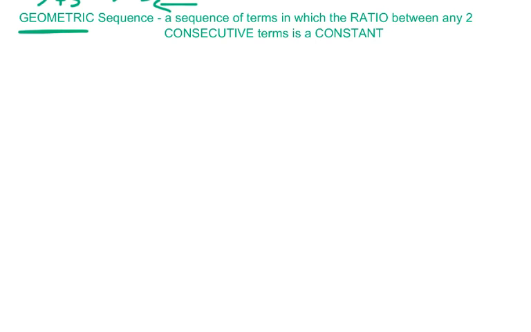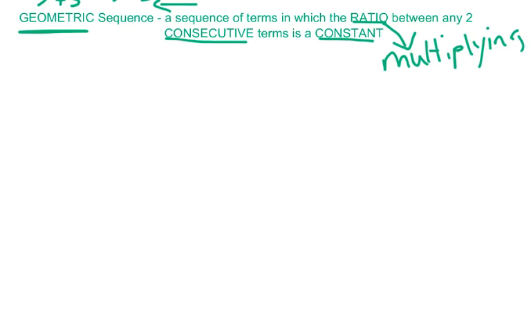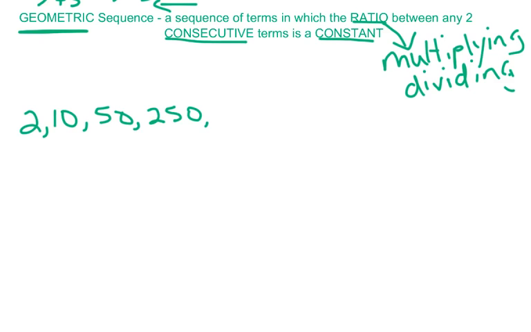Geometric sequence is a sequence of terms in which the ratio between any two consecutive terms is constant, okay? Ratio is not adding and subtracting, it's multiplying or dividing. Consecutive and constant mean the same thing as they did in arithmetic sequence. So let's look at 2, 10, 50, 250, and so on.